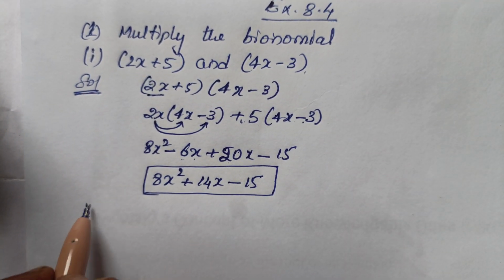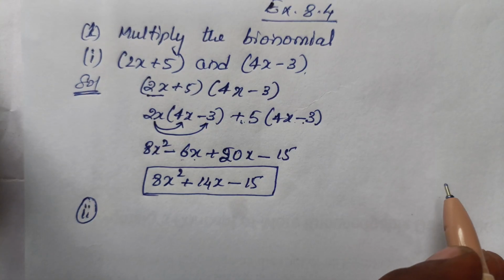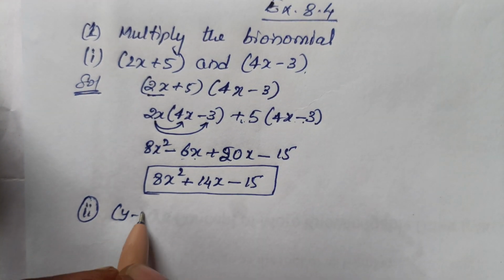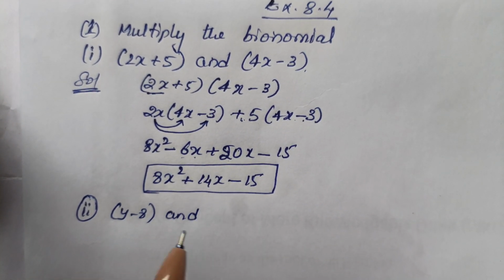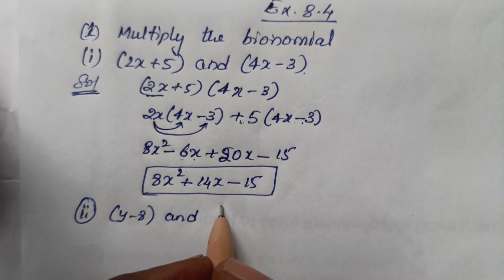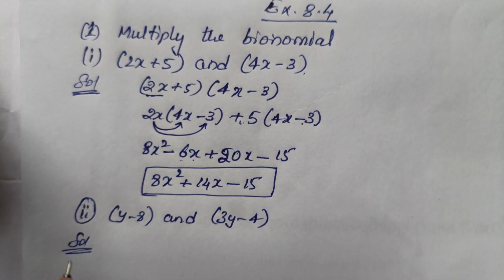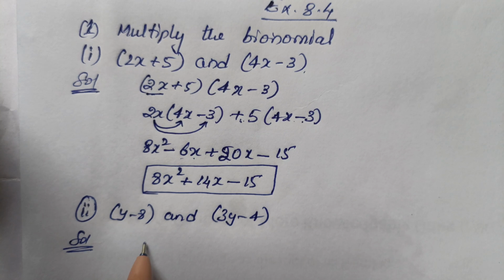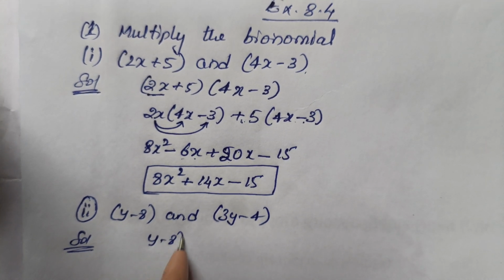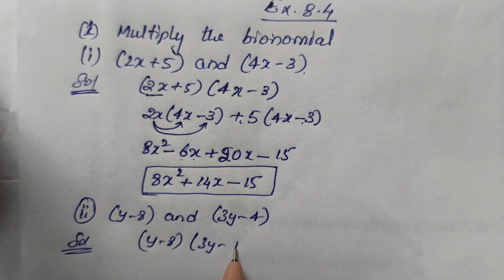Now part 2. Part 2, (y - 8) and (3y - 4). Solution. So similarly we will multiply this also. Two terms are given, (y - 8) into (3y - 4).